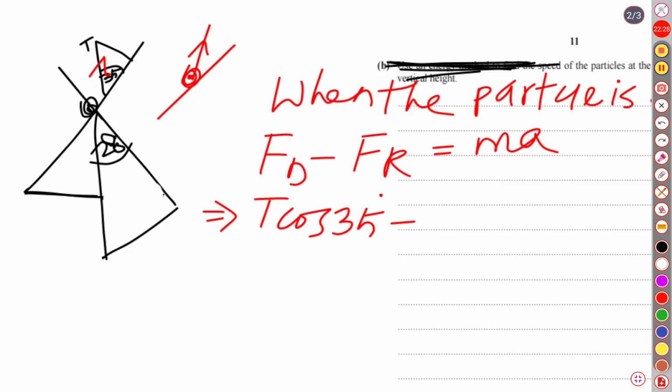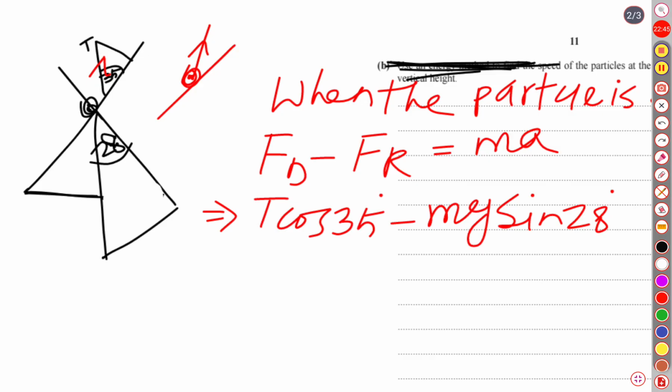So first resistance force is weight, mg sine 28 degree. Then the rest of the force is frictional force. What was the frictional force?